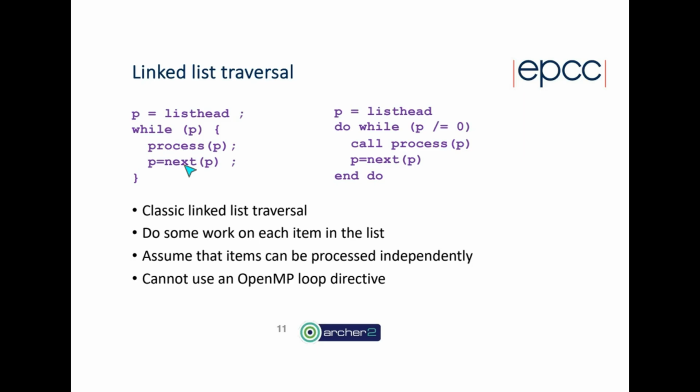At the end of the list, the usual convention is that the pointer to the next item from the last item is a null pointer, so that will terminate the loop.